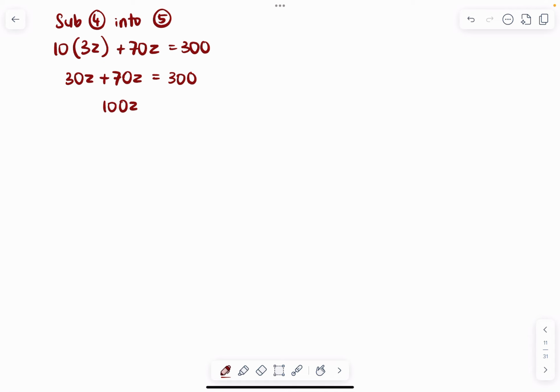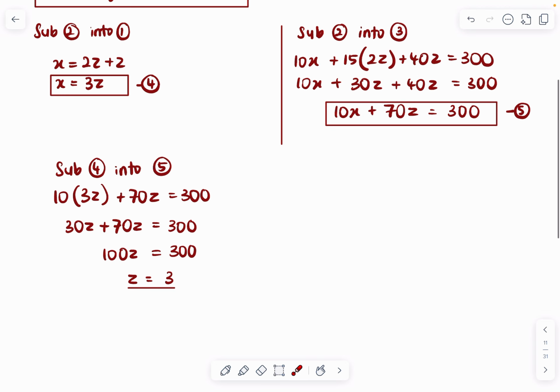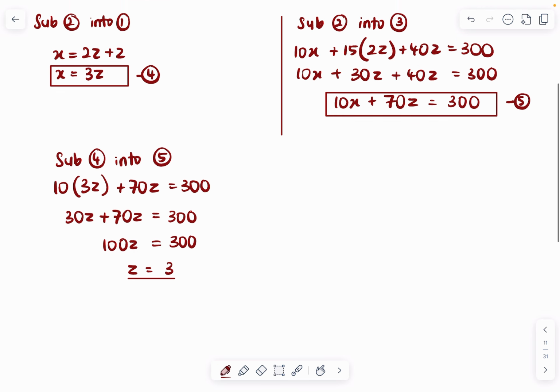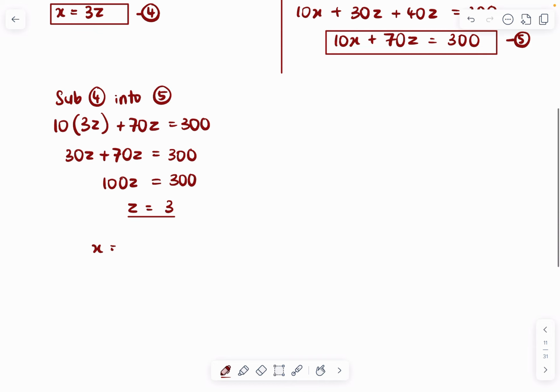So 100Z is 300, which means Z will be 3. 300 divided by 100. Now that we have Z, we can sub this back into this equation to find X. So X is 3 times Z. This will be 9.